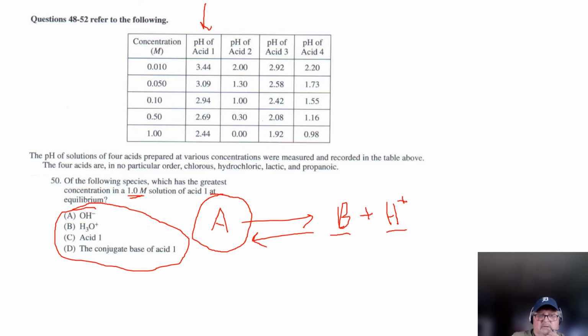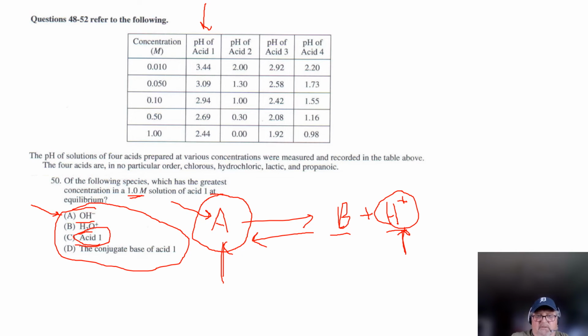So let's look at our answers here. OH is a base, and it's not even in this equation, but we can figure it out. We know it's mostly going to be acid. H3O plus is this term over here, and this term is going to be much greater than either one of these. Acid 1, yep, that's probably it, because here it is.